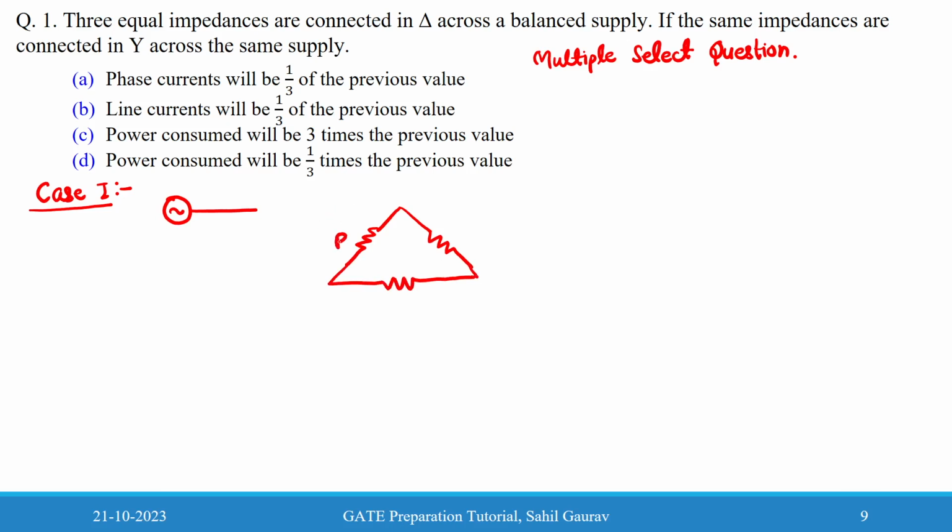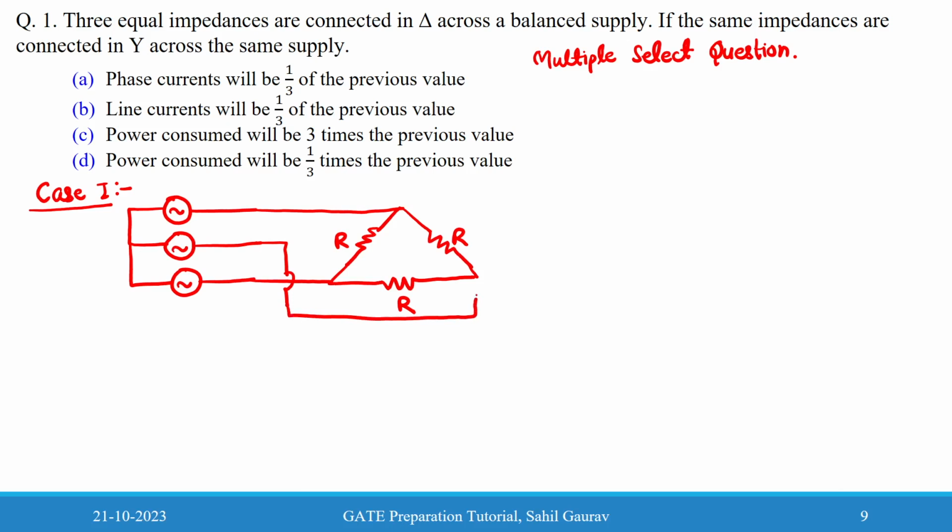Take the load as R, with voltages VA, VB and VC, and VAN, VBN, VCN. These are the line currents IA, IB, and IC.